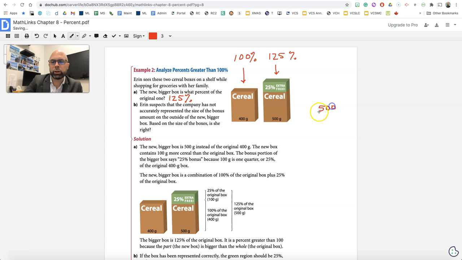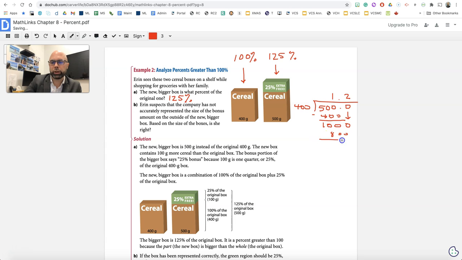divide 500 by 400, we find 1. Excuse my messy writing. Decimal there. Bring the 0 down. Two times 400 is 800.